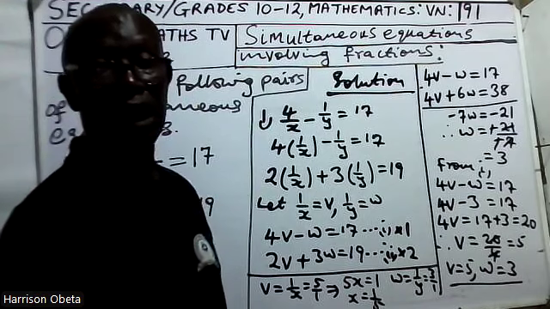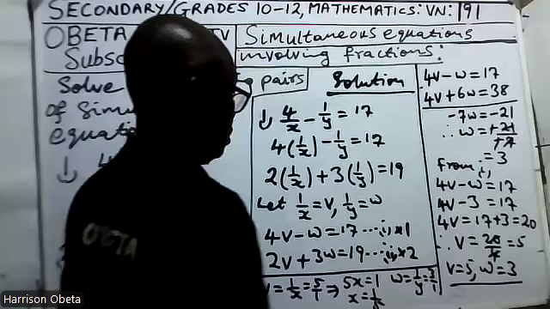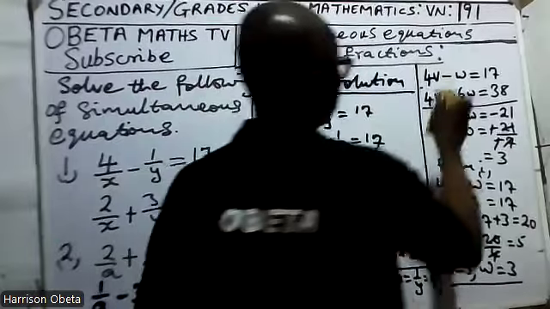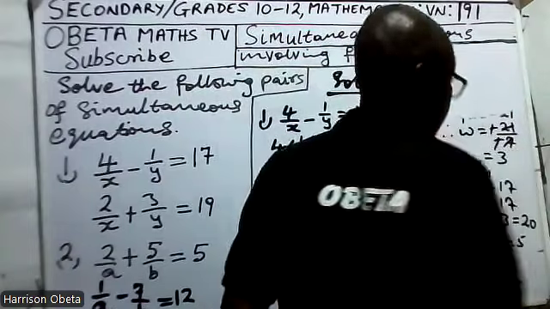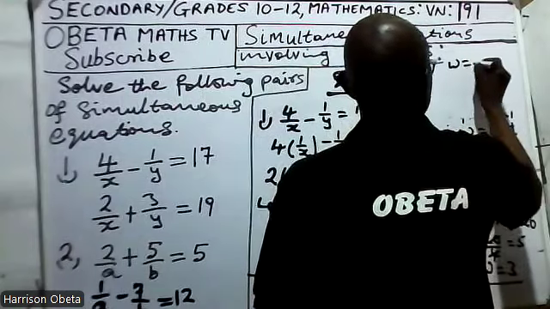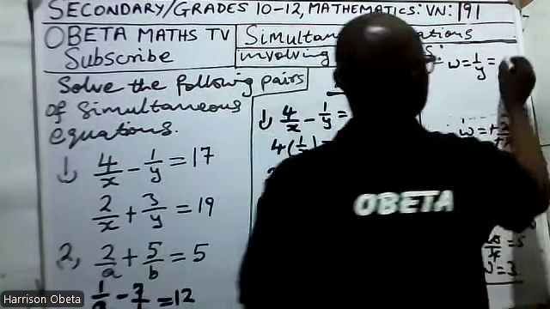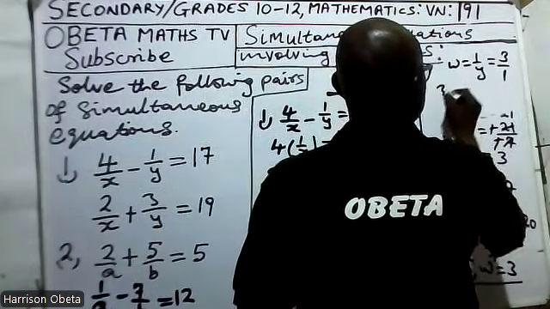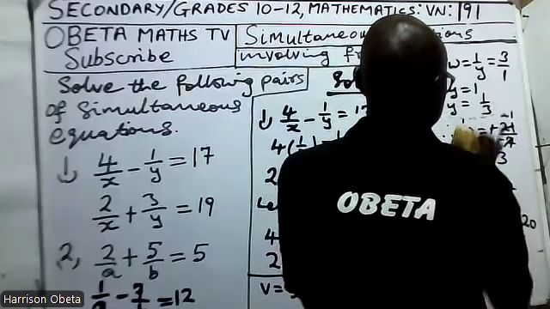Cross multiply, and that means that 3y is equal to 1, y is equal to 1 over 3.